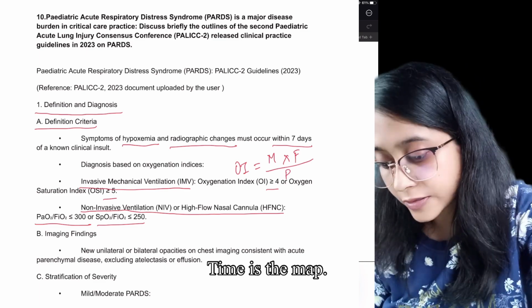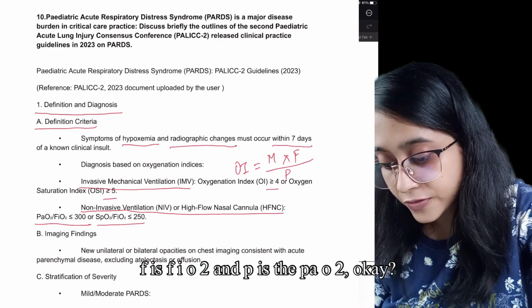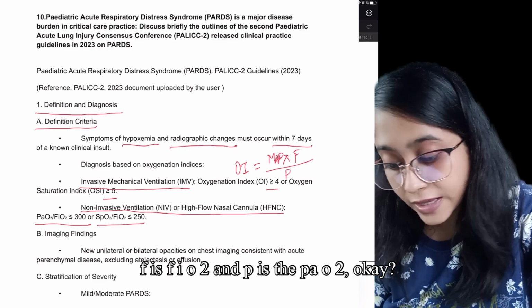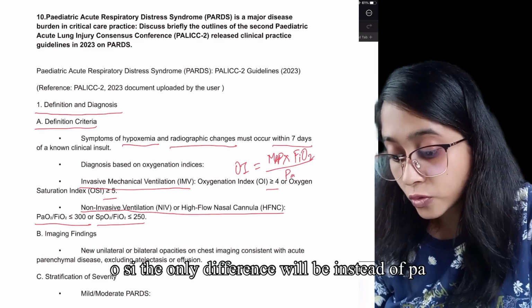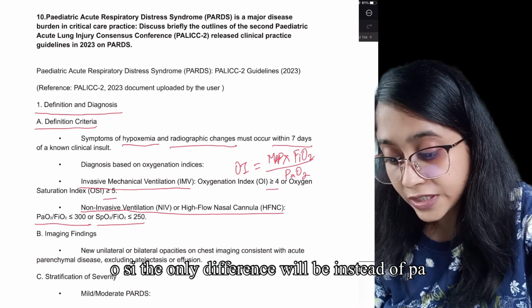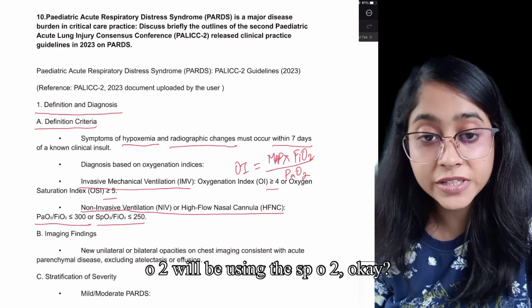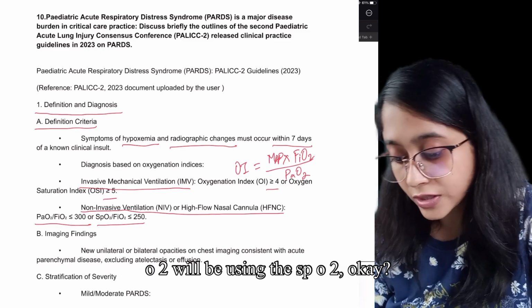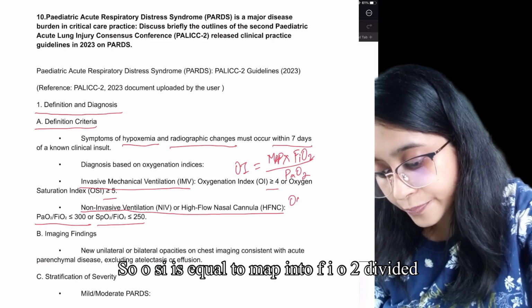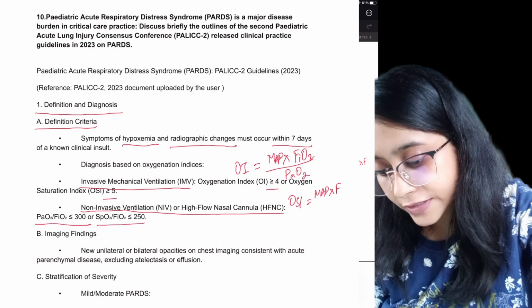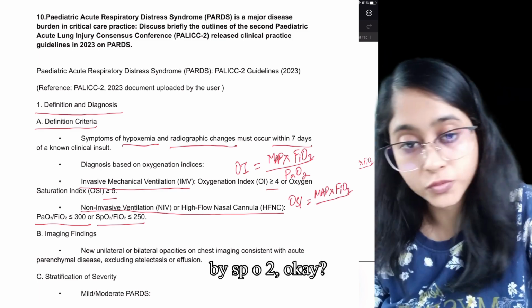M is the MAP, F is FiO2, and P is the PaO2. For OSI, the only difference is that instead of PaO2, we'll be using the SpO2. So OSI is equal to MAP into FiO2 divided by SpO2.